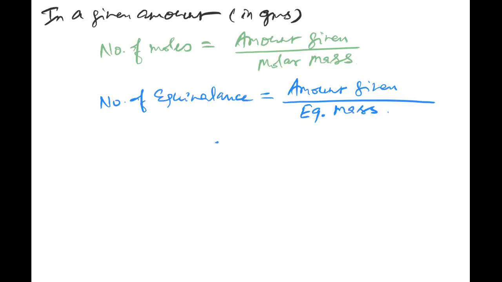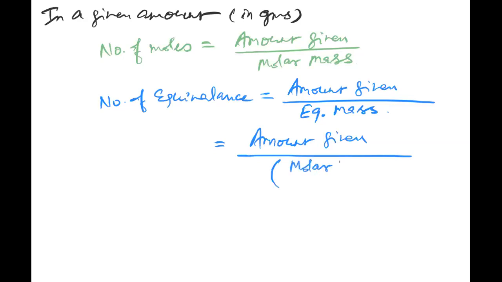This should be equal to amount given divided by, instead of equivalent mass, molar mass divided by n factor.